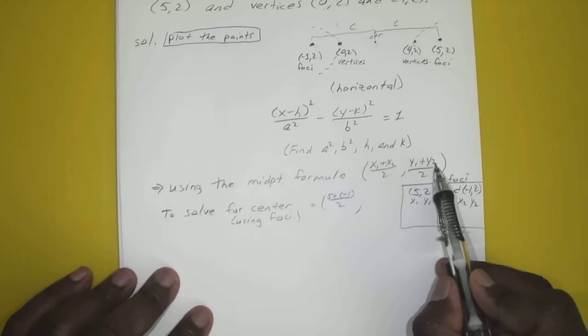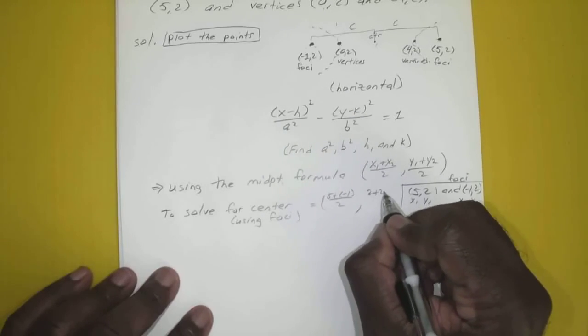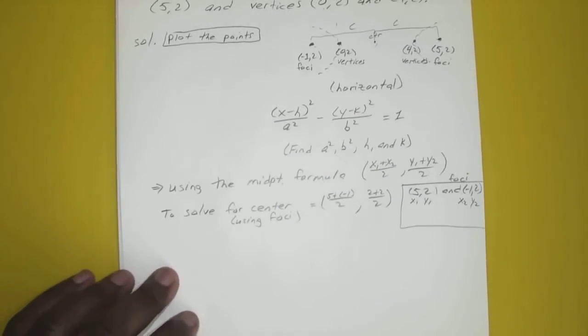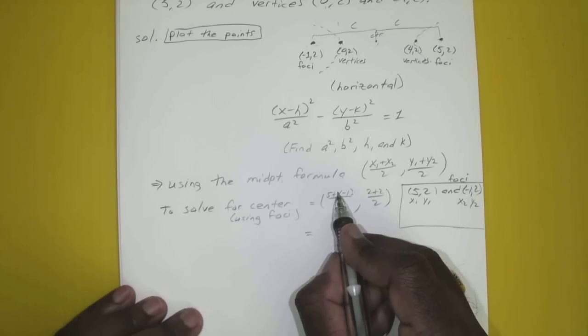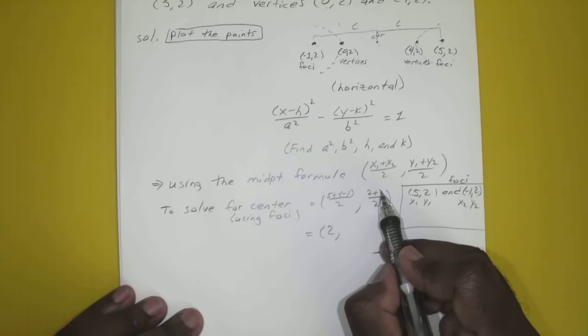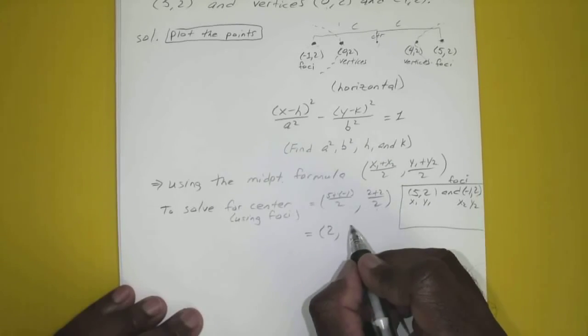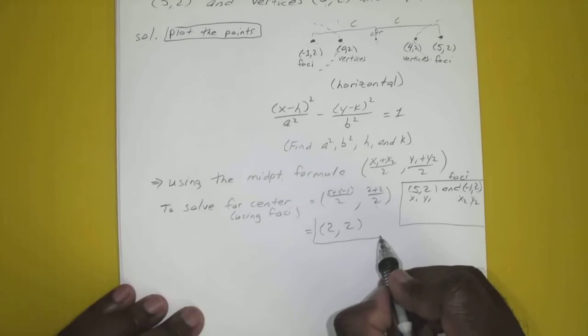And our y1 plus y2 is 2 plus 2 over 2. And again, if you want to use the vertices to find it, you could do that too. Okay, so that's 4 over 2, which is 2, and 4 over 2, which is 2. Okay, so this is your center.